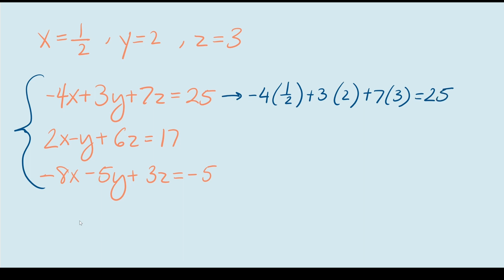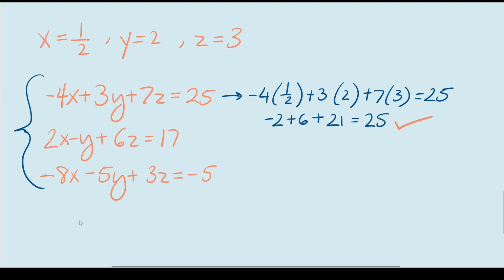Now we know negative 4 times 1/2 is negative 2. 3 times 2 is 6. And 7 times 3 is 21. Negative 2 plus 6 is 4, plus 21 is 25. So we know that that is correct.